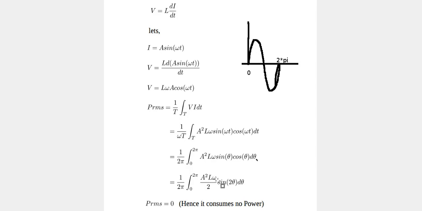We can even look at it like this is a sine 2 theta. If we assume it as a sine 2 theta, and we integrate it, it's like finding out the area. So this upper part will cancel with the lower one.